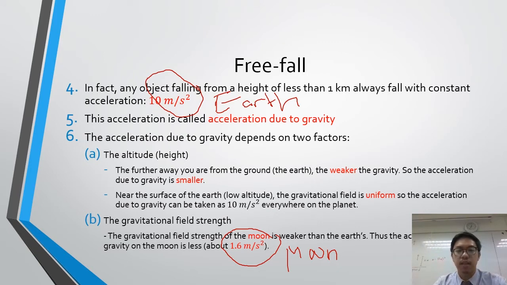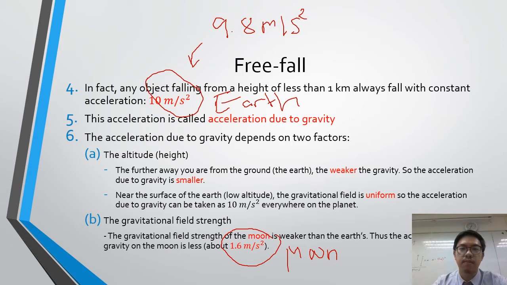Okay. The other thing that I want to inform you, the true value for this number here is actually 9.8 meters per second squared. So that is actually the true value for the acceleration due to gravity on Earth.